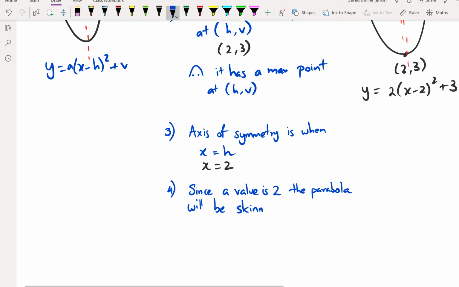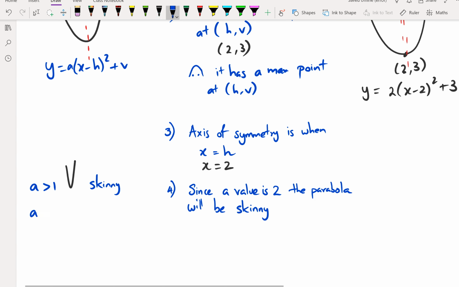Remember we talked about that before? You have really wide graphs, and you get really skinny graphs. That was something we talked about right at the beginning. So if the a value is bigger than 1, then the parabola will be skinny.